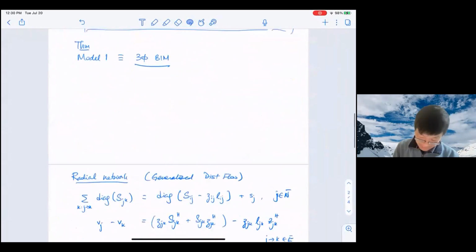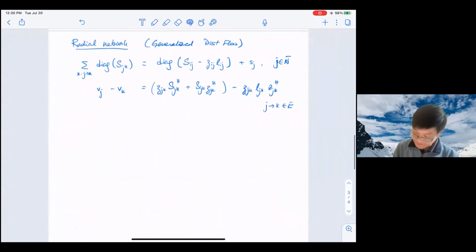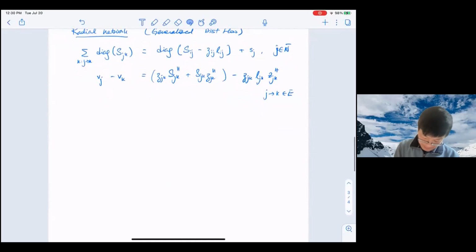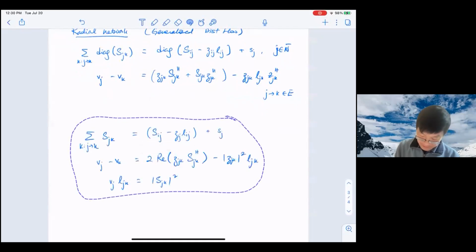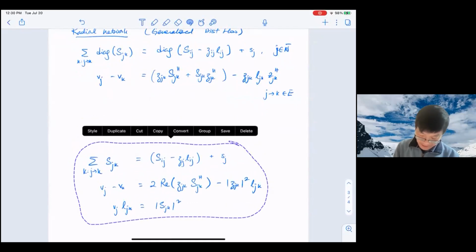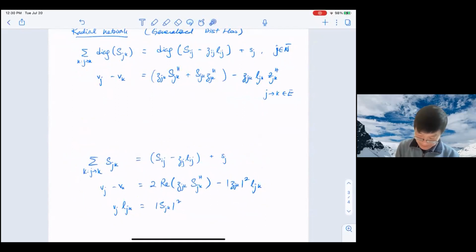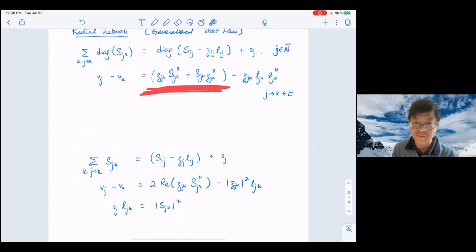Okay, now compare with this flow model, right? If every quantity is a scalar, then this is simply the sum of the scalar complex number and its complex conjugate. Then you just get 2 times the real part.